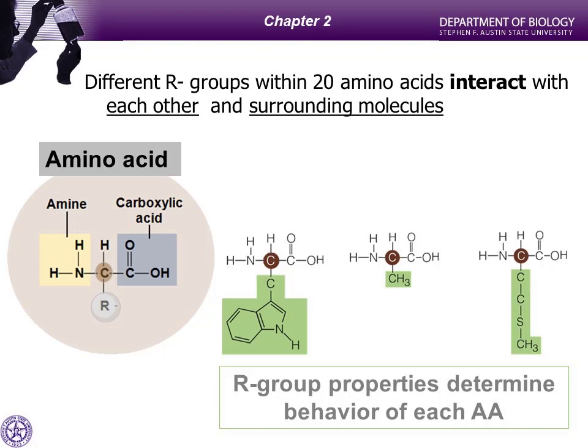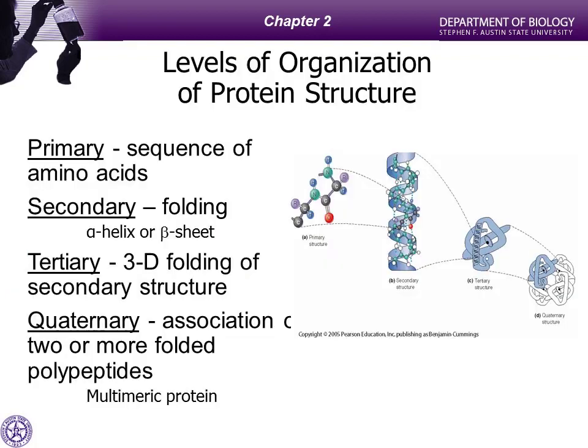So first, amino acids, the monomers of proteins. That sequence of amino acids is referred to as the primary sequence of a protein. You know, we talk about DNA, and we'll get to that probably on Thursday. A, T, C, G, you see those four letters put together, that's your genetic code.